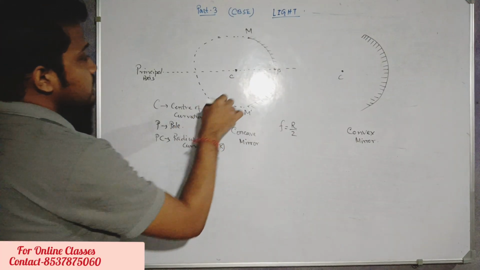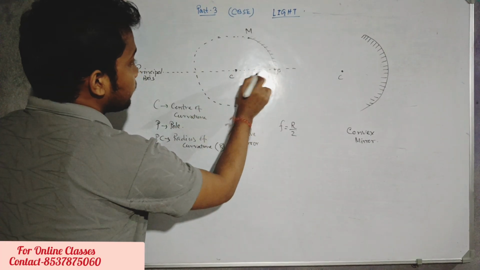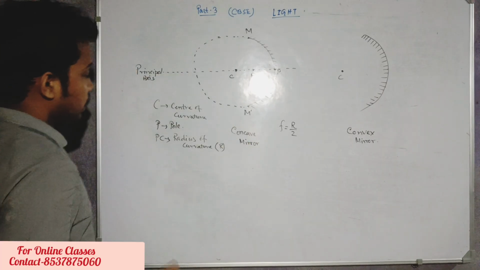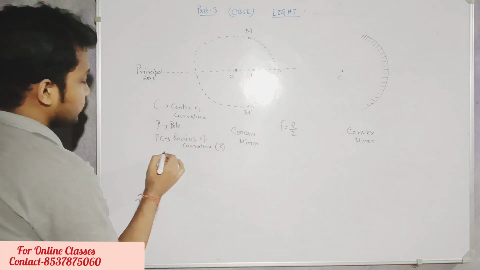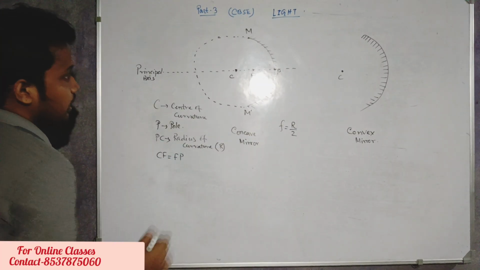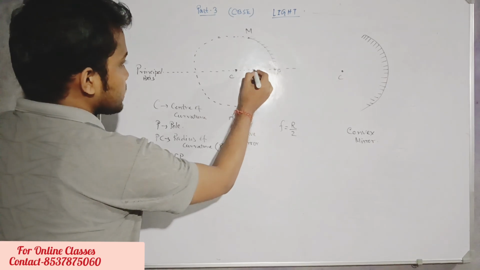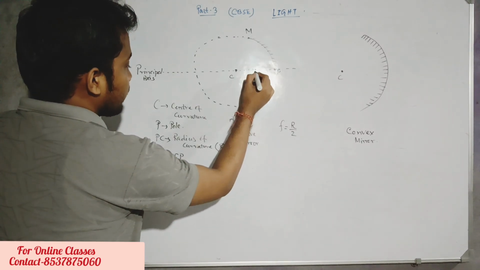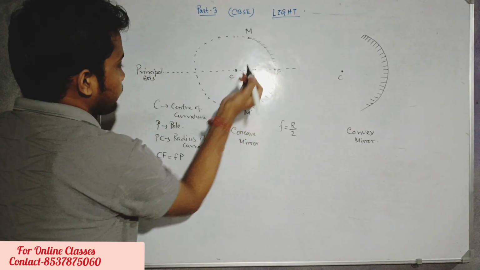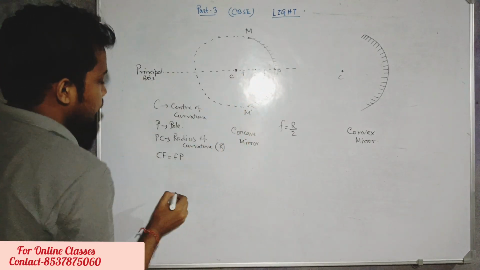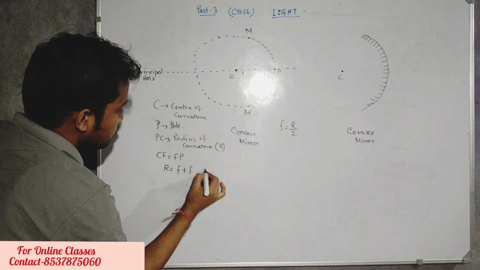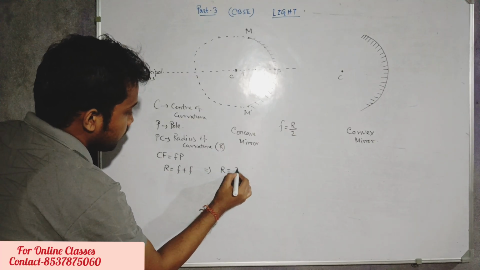And there is a point, that is focus, which is in between center of curvature and pole. So this is F, and we can write CF is equal to FP. That distance from the center will be F, and that one is also F. So we can say R equals F plus F, so R equals 2F.